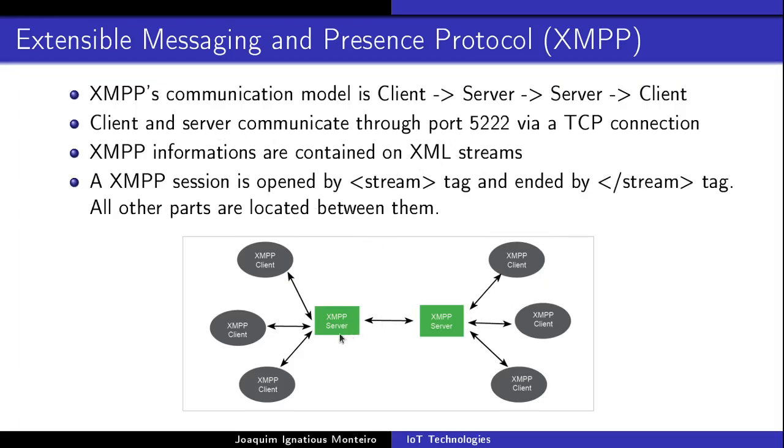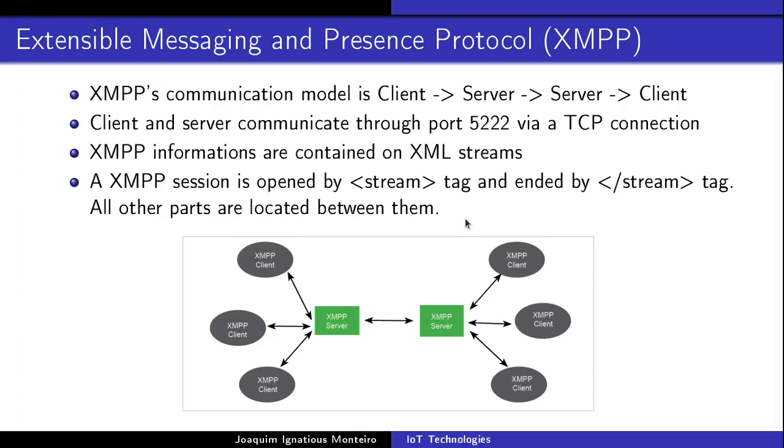Okay, right. The clients will not directly communicate with each other, rather through intermediate servers. That's why it is client server client. So if this client has to communicate with this, it has to be done through the XMPP server. So this is on XML streams. So do read about this thing.